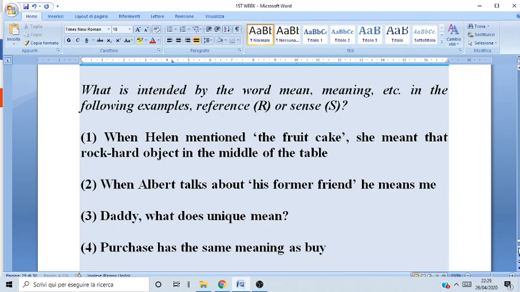So you have to say whether the word mean or meaning in these examples is referring to reference or sense. When Helen mentioned the fruitcake, she meant that hard rock object in the middle of the table.